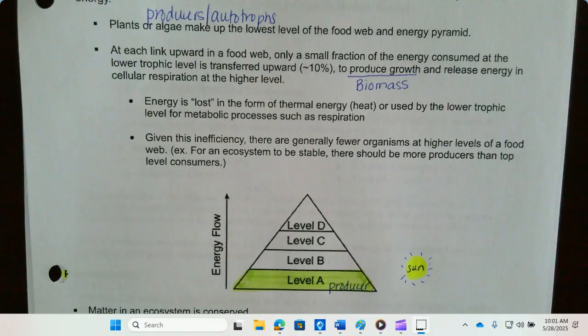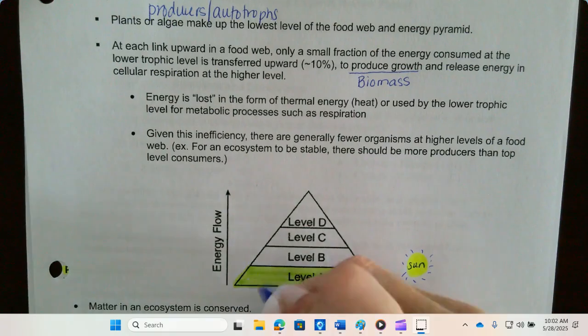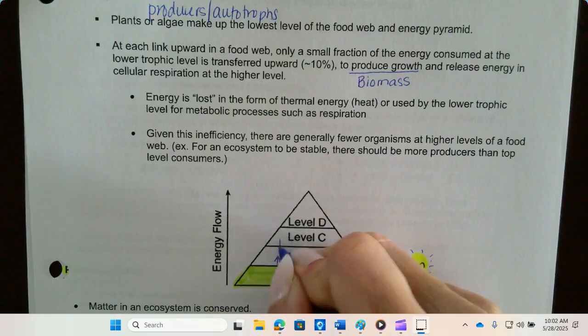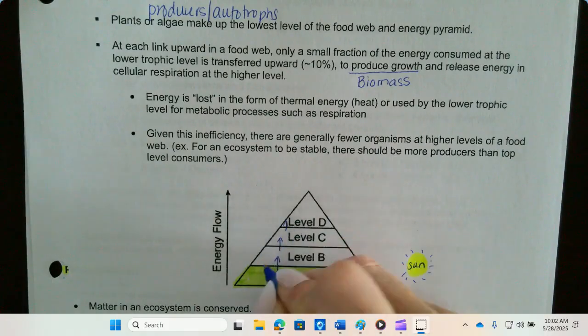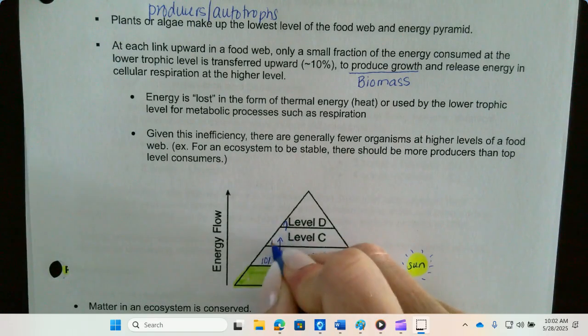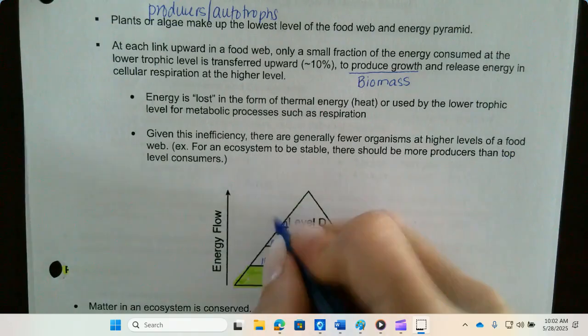So the amount of weight that a living thing or a species has, and release energy in cellular respiration at higher levels. So about 10% gets moved up to the next level.